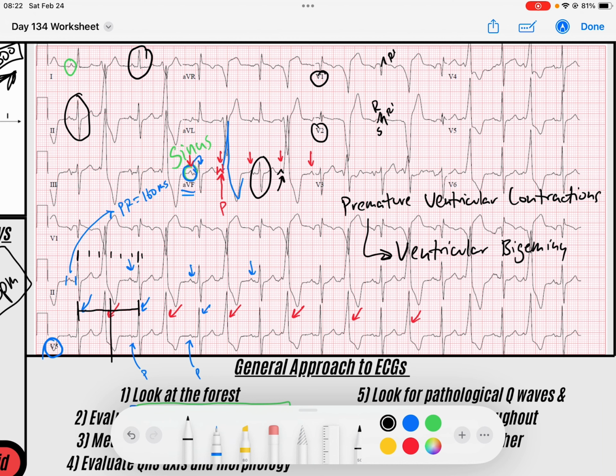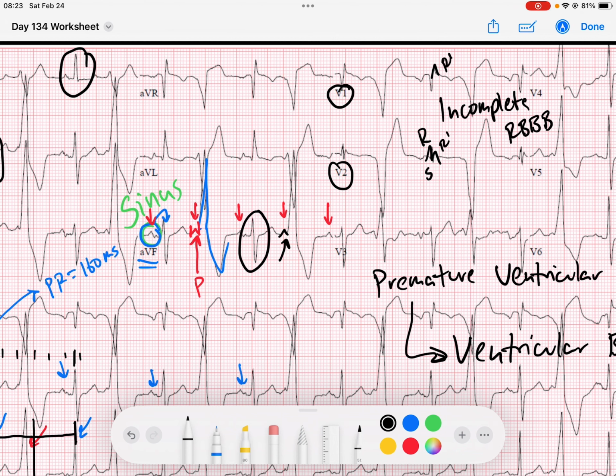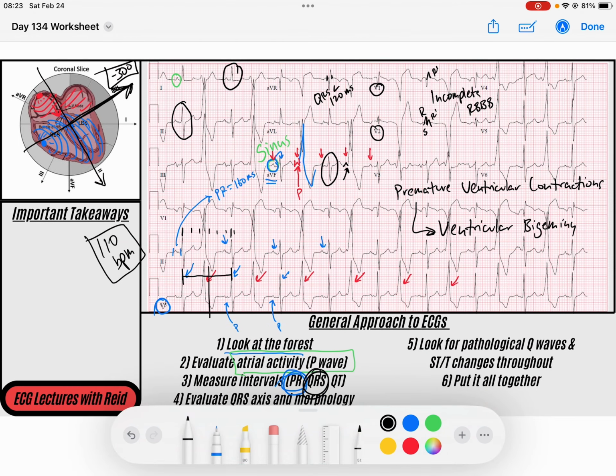So we actually might also have an incomplete right bundle branch block, right? Because we have a narrow complex QRS, less than 120 milliseconds. And we have this R prime signal, kind of a right bundle branch block morphology, but it's still a narrow complex rhythm, so we can't call it a full right bundle branch block, right?